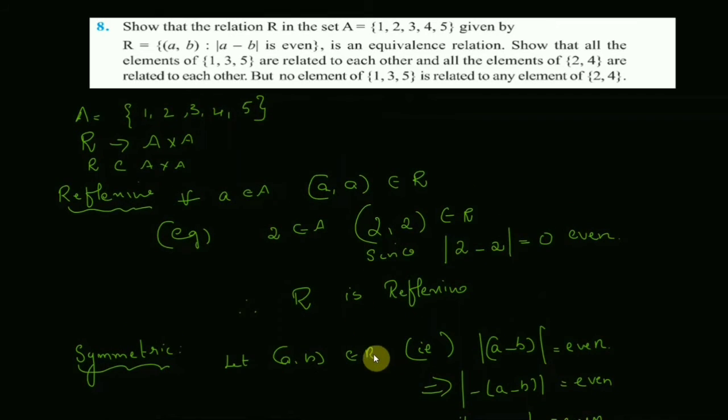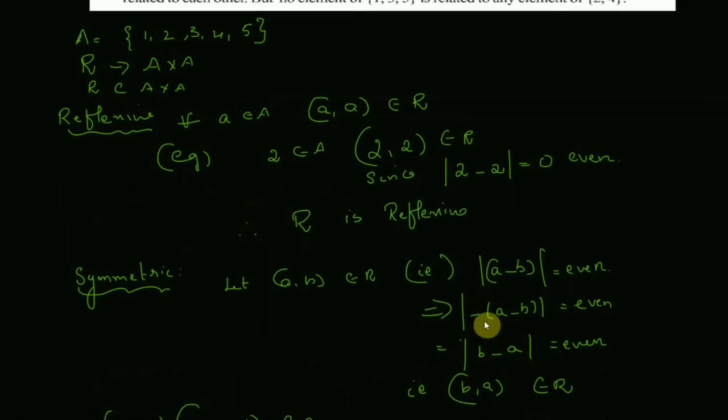Is it symmetric? Let (a, b) belong to R. Then |a - b| is even. What is the negative of (a - b)? That is also even, and it is nothing but b - a. So b - a is even.